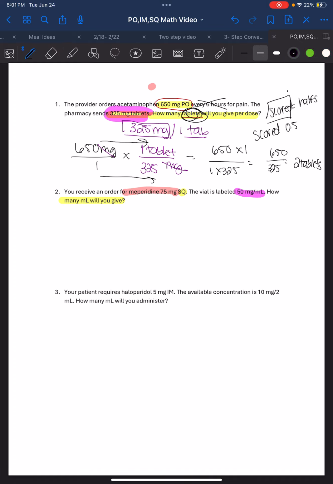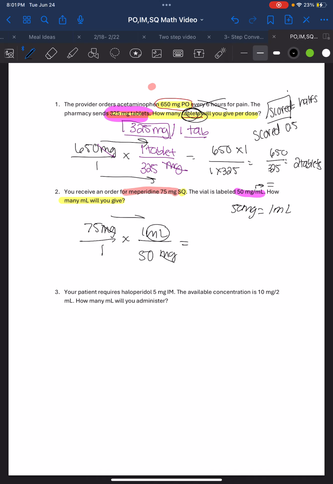We're going to put our given over 1, which is 75 milligrams over 1. We know we need to end up in mL, so we need to cancel milligrams out and get to mLs. Our conversion here is 50 milligrams equals 1 mL. This slash is an equal sign also. To cancel out milligrams, milligrams has to go on the bottom, so 50 milligrams over 1 mL, and we end up in mL, which is what we needed.